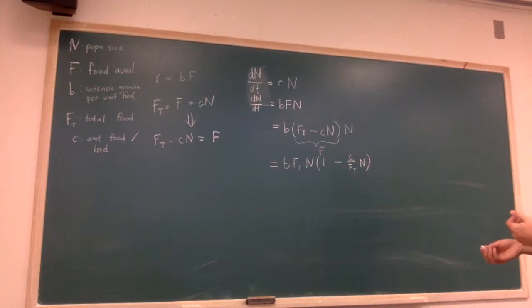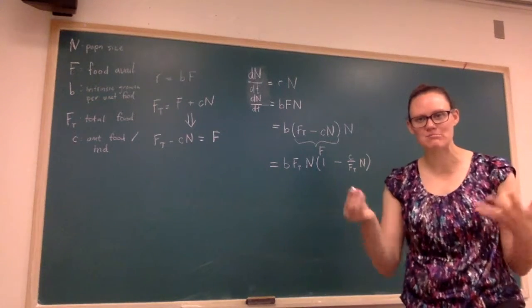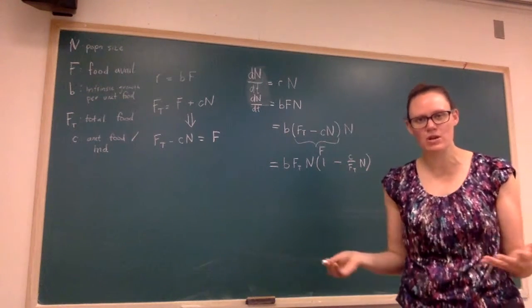And now we're going to define a little bit of new notation. So we want to define the carrying capacity, so the maximum number of individuals that can be supported by the resources.